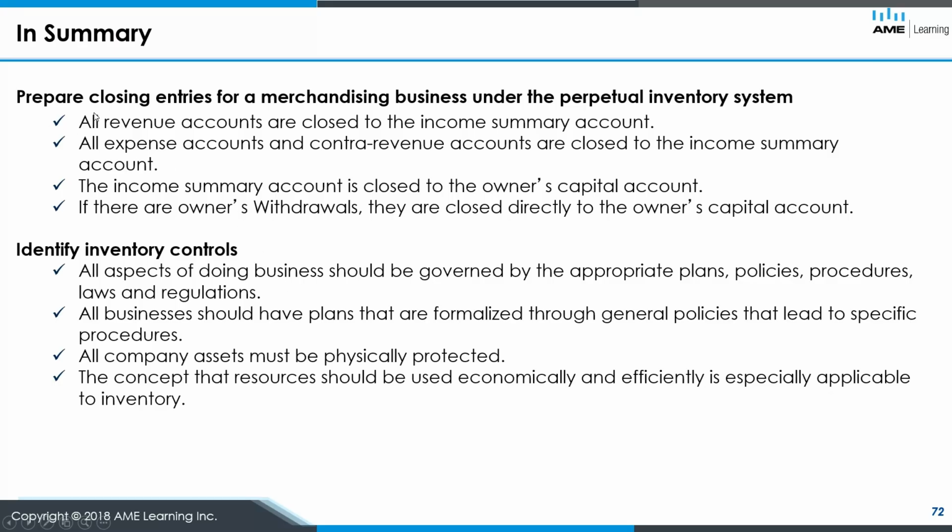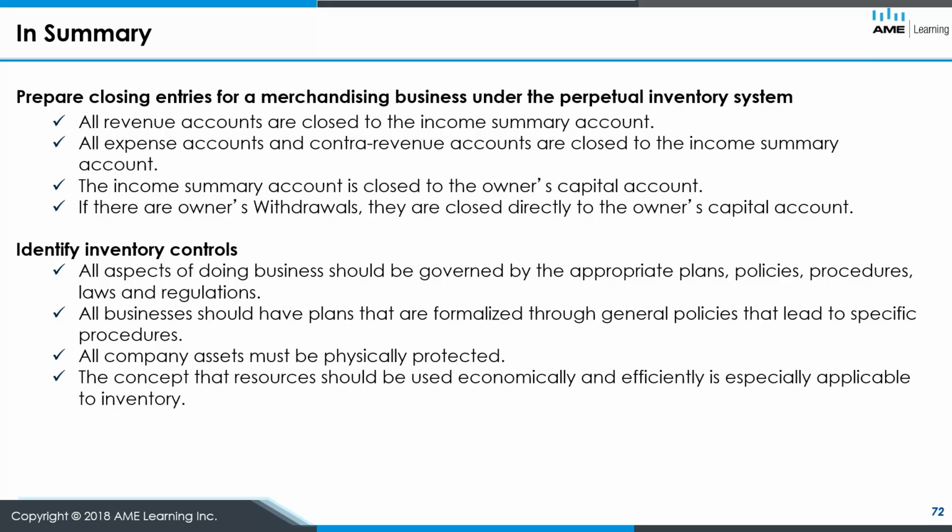We talked about the closing entries for a merchandising business being basically exactly the same as the closing entries that we learned about previously, where temporary accounts are all closed into equity or capital, the temporary accounts being everything on the income statement and withdrawals.